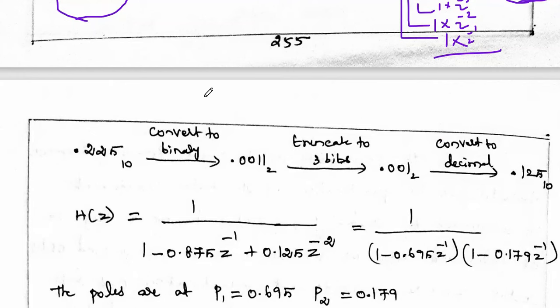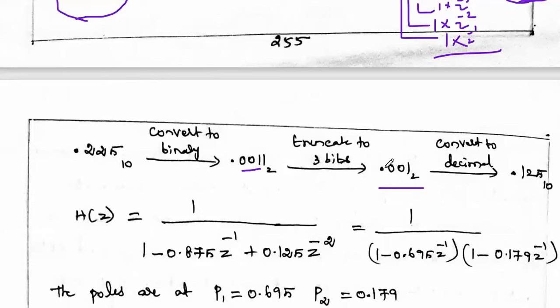Then 0.450 multiplied with 2, and you do the process. You get the corresponding binary 0.0011. Next we quantize to 3 bits, so you keep 3 bits and discard the fourth bit. We get the answer 0.001.